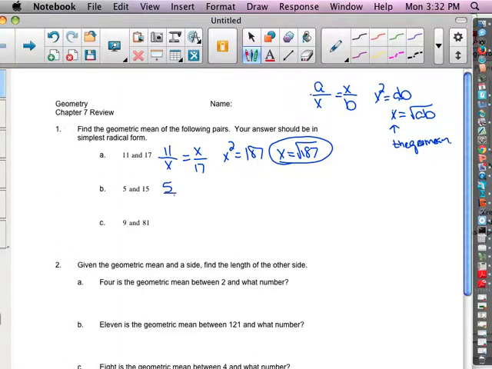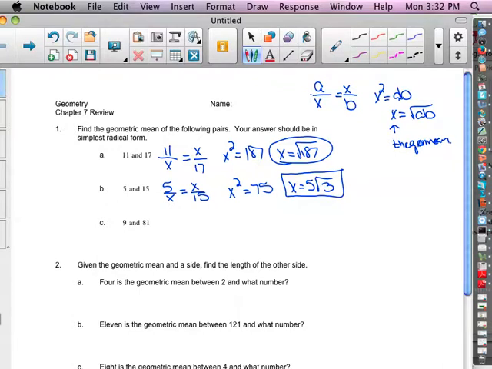B, 5 is to x as x is to 15. Therefore, x squared equals 75. 75 is equal to 25 times 3, so it would be 5 root 3.